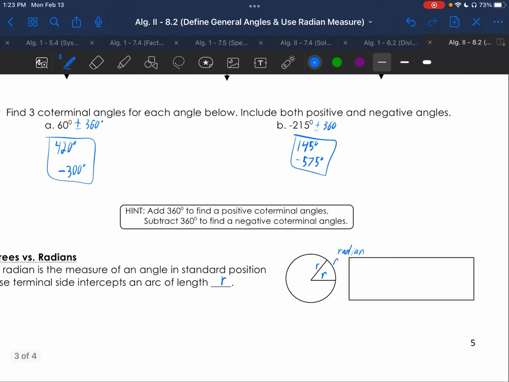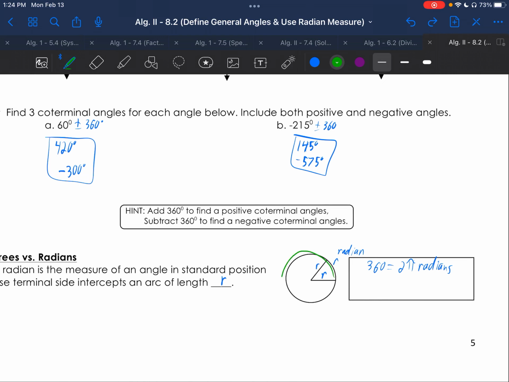Now, how you convert from degrees to radians or vice versa: some helpful tools are that 360 degrees is equal to 2 pi radians. And how you would go about that is by saying the circumference of a circle, the distance around it, is 2 pi times the radius.